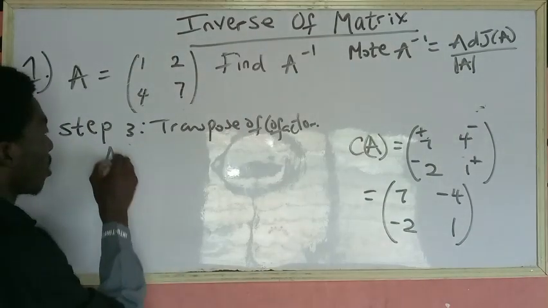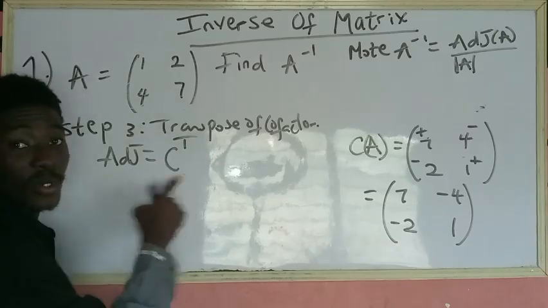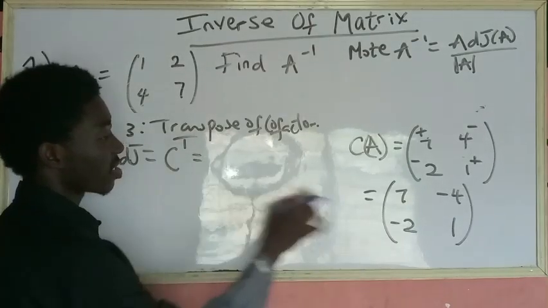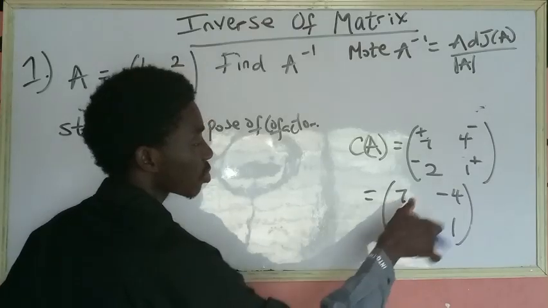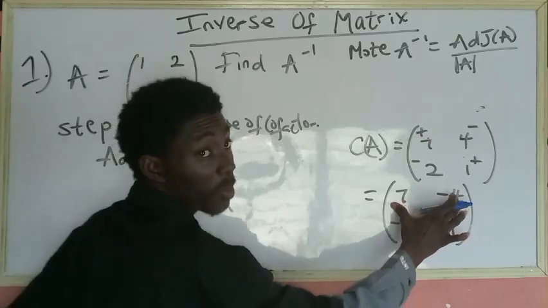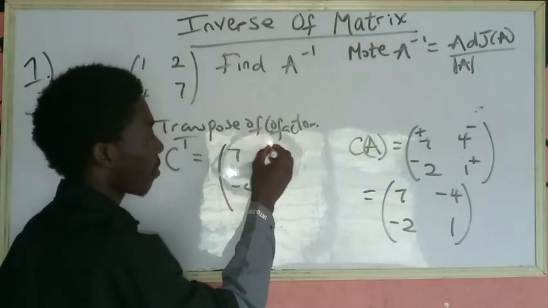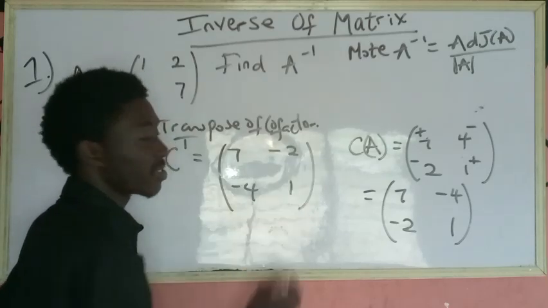And now the adjoint is equal to C transpose, the transpose of this. What is the transpose of this? Turn this row to a column, turn this row to a column. So the first row becomes the first column: 7 and minus 4. This turns to a column: minus 2 and 1.